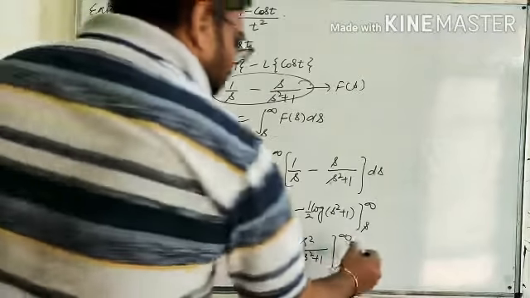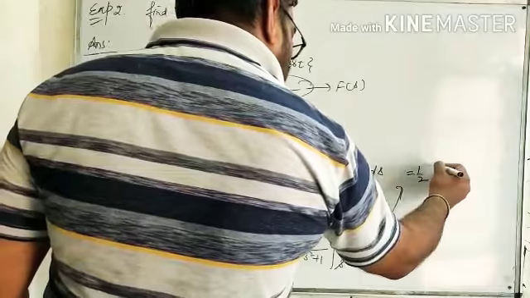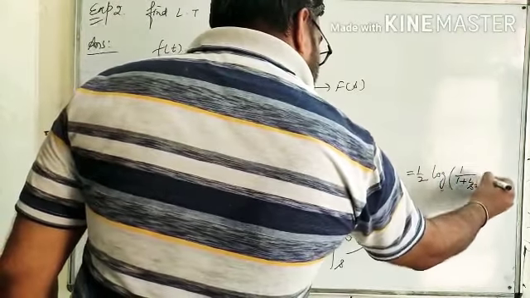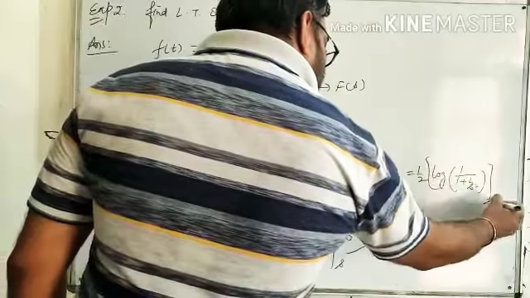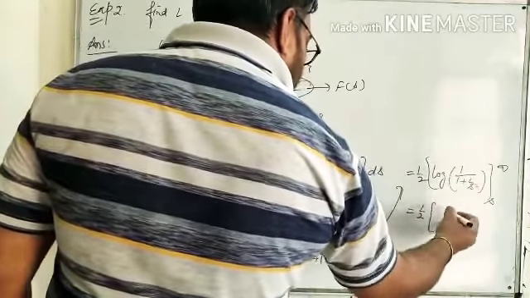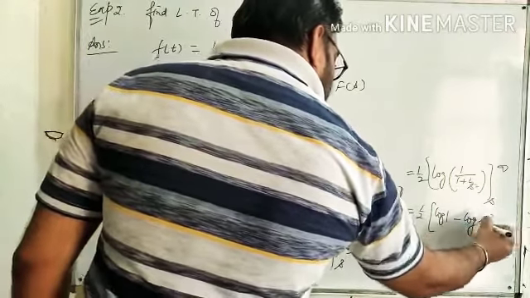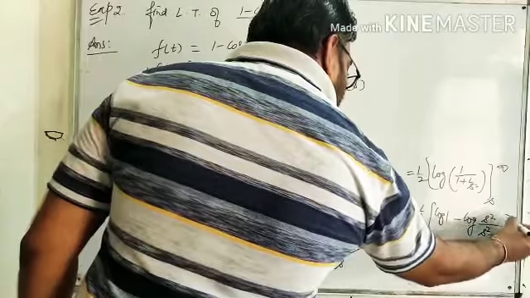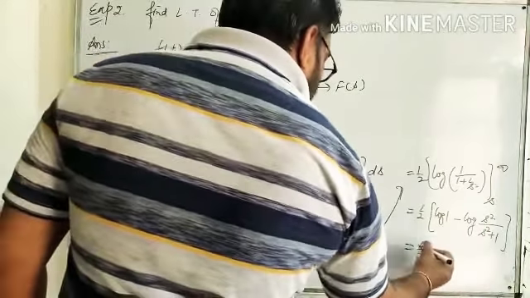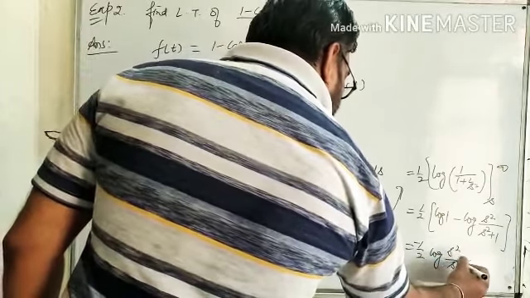It means we can change it to 1 upon 2 log of 1 upon (1 plus 1 upon s square). Now we can put the limit on it. When we put the limit infinity, it will be log 1, and when we put s, it will remain as it is, s square upon s square plus 1. The log 1 is always 0, so it will be minus 1 upon 2 log of s square upon (s square plus 1).